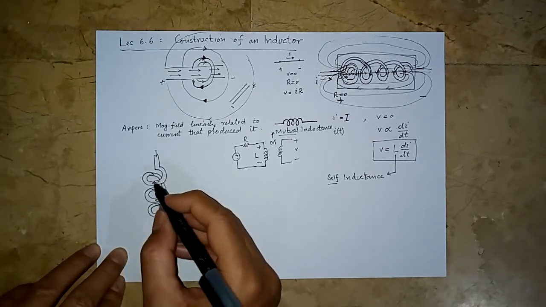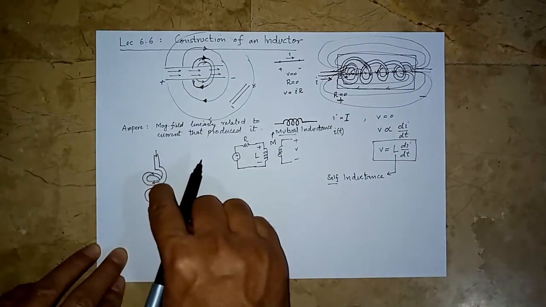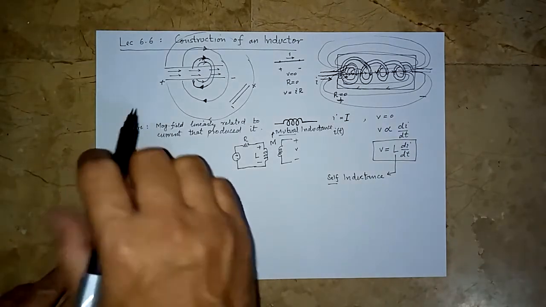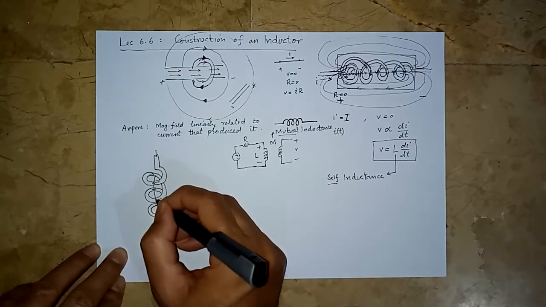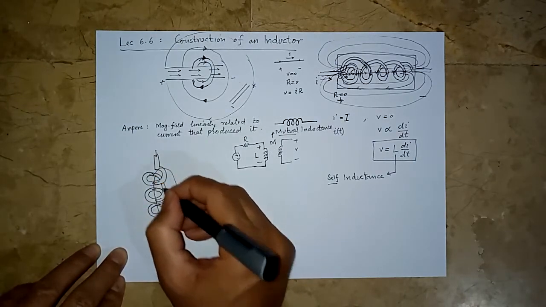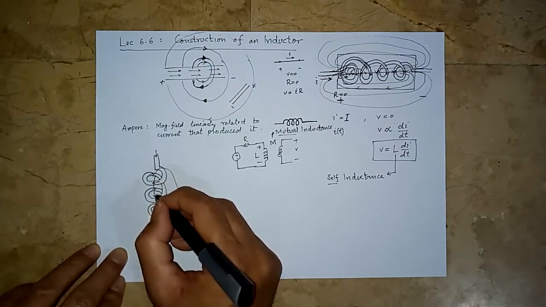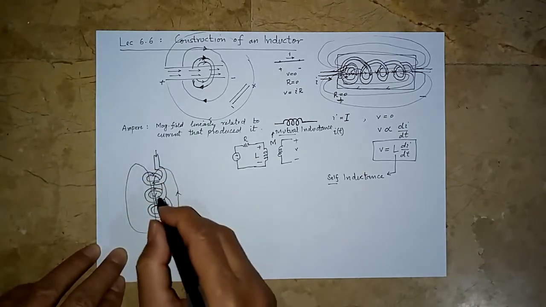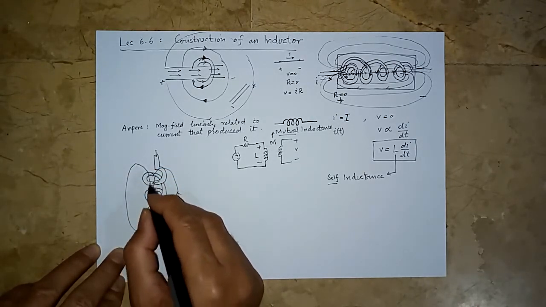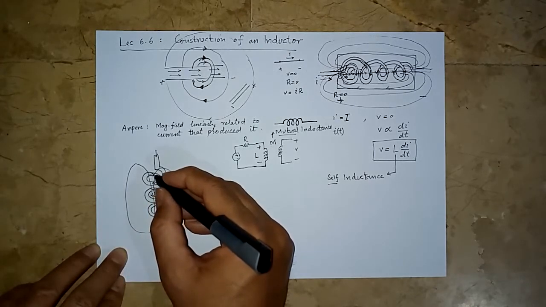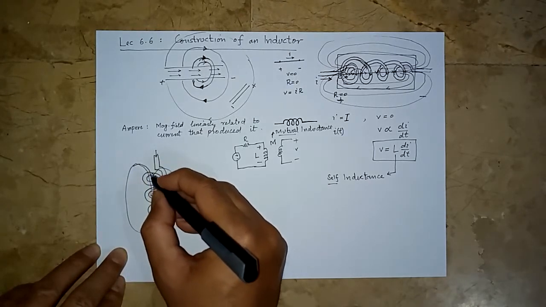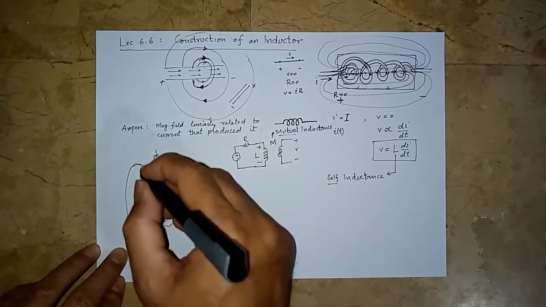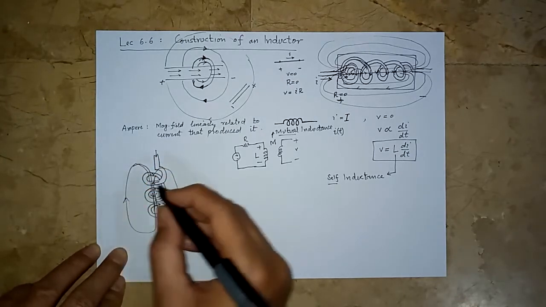And that is how, using the right hand rule, we can see that the lines of force go inside and come out from the outside. The magnetic lines of force point downward inside the inductor.